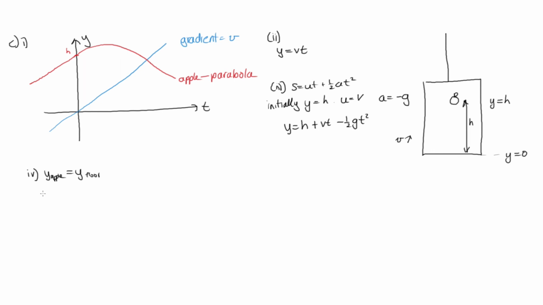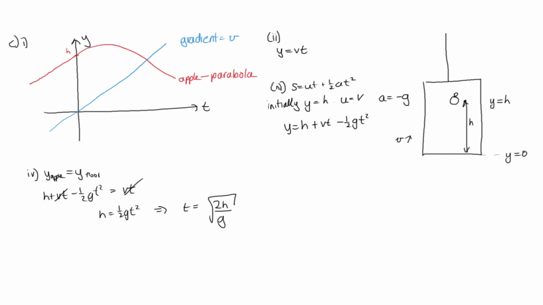So h plus vt minus a half gt squared is equal to vt. You can see the vt's are going to cancel out, and I'll have h is equal to a half gt squared. I'm trying to find the time here, so t is equal to 2h on g, and then take the square root.